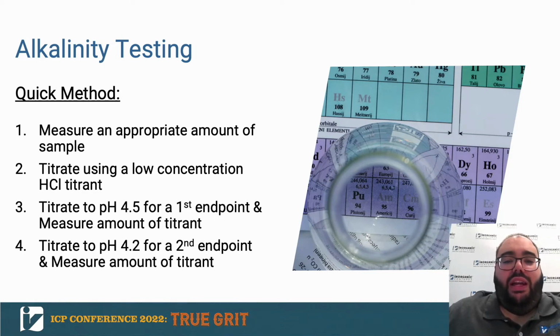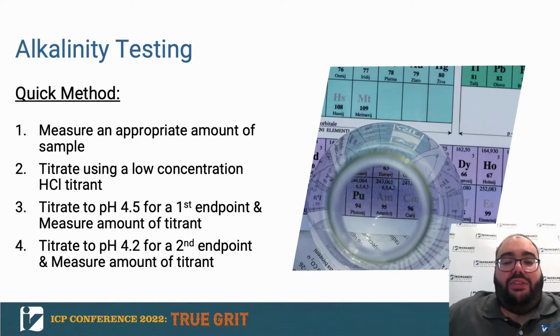If possible, you'll want to have a rough idea of what the alkalinity value may be, so that you're measuring out an appropriate amount of sample to titrate. Once you have that sample, you want to titrate using a low concentration hydrochloric acid titrant. Low concentration is key on this. You don't want to overshoot your titration, and we'll get more into that later in the presentation.